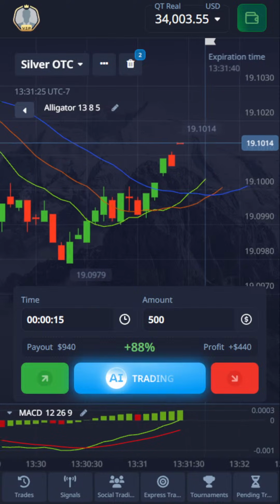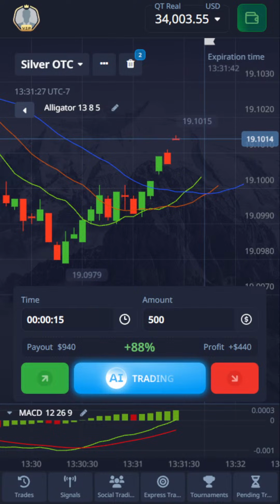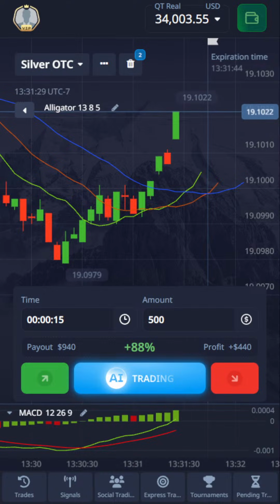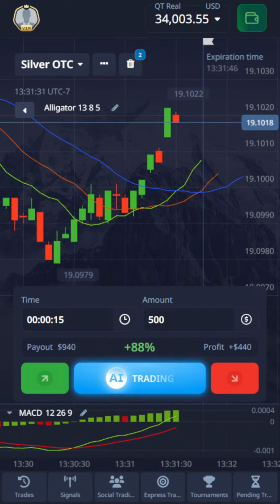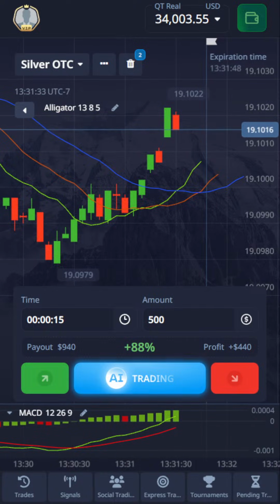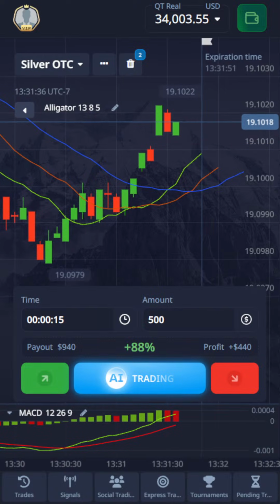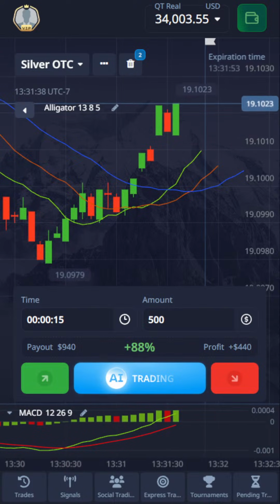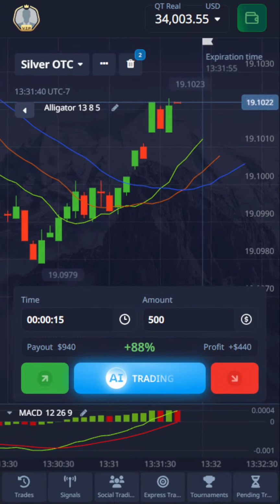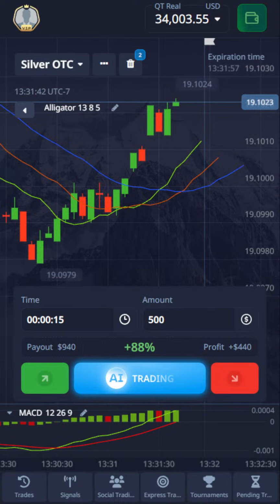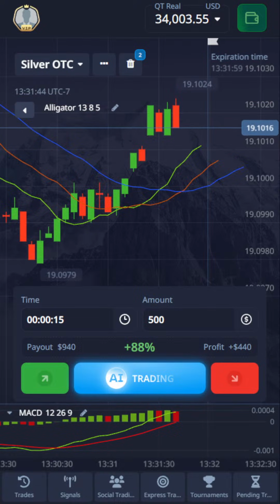If it's crossing above, we are getting a signal that we are placing in a buy trade. And if it's crossing down, we are placing in a sell trade. Okay, so let me see.